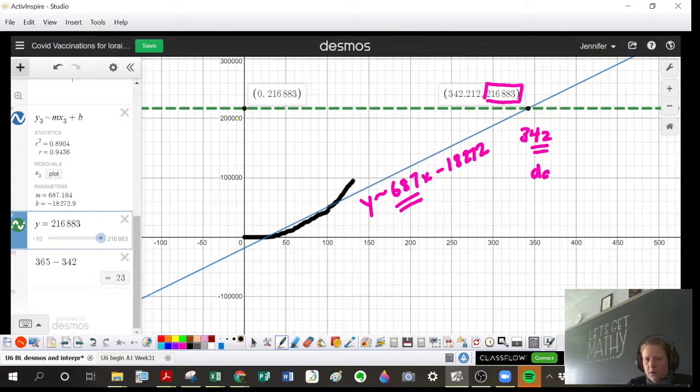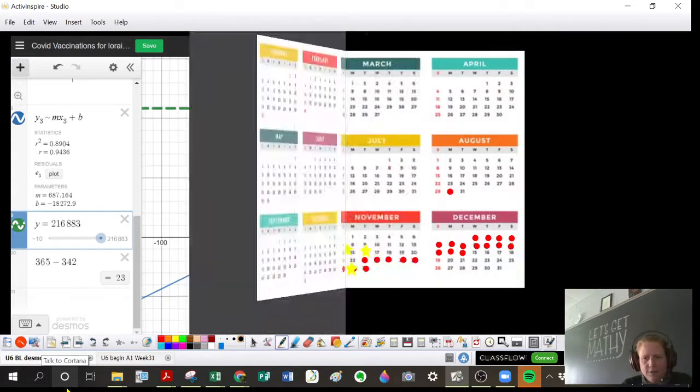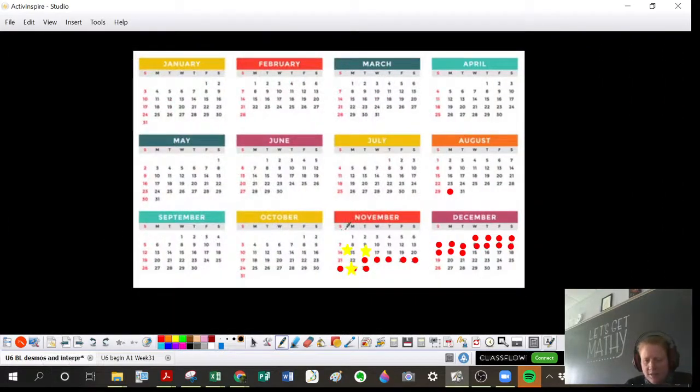So 342 days after the whole process has started, which was 12/14/20. 342, that's pretty close to 365, right? Which is 1 year. So we're looking at almost 1 year, but I really want to see if I can get the prediction down to the exact. So I got a calendar out and I subtracted 365 from 342 and I saw that was 23 days.